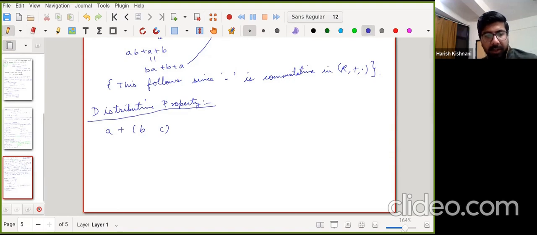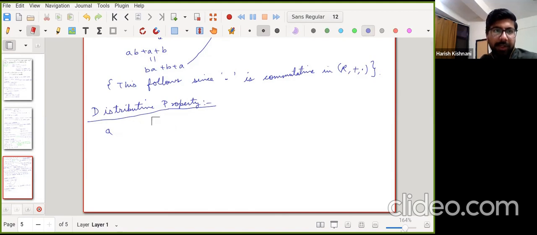This part I'm going to check. The other distributivity, maybe you can check. So I'm checking that multiplication is distributive over the addition.